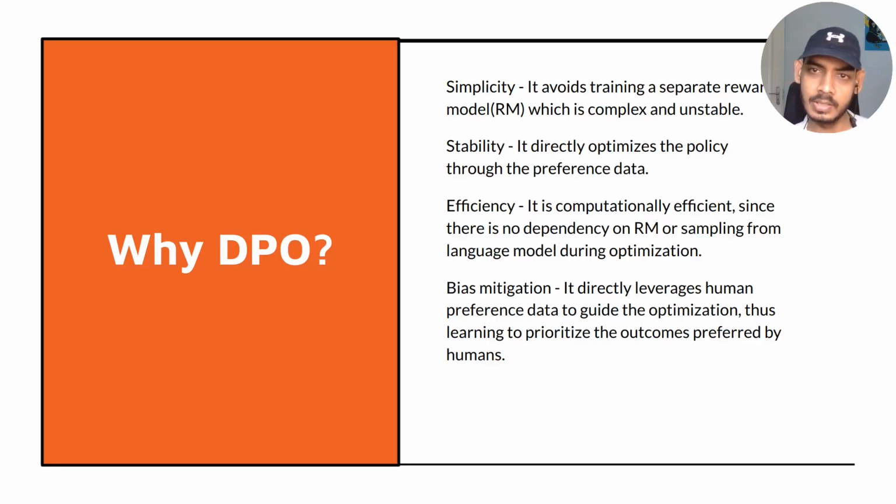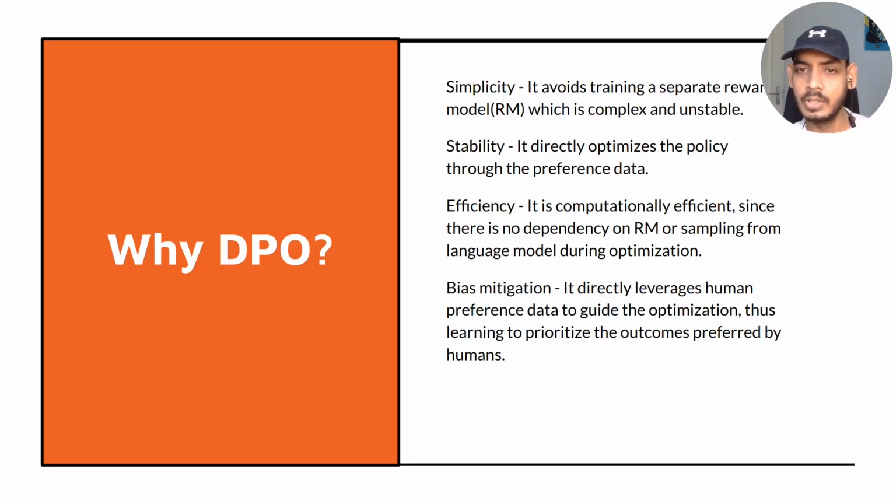There are certain things DPO does better compared to RLHF. For instance, it totally avoids a reward model, since it is complex and unstable, and it optimizes the policy through the preference data. Earlier, RLHF would create a separate reward model based on the input given by humans, and that model would give the input to the LLM. Now the LLM gets fine-tuned directly on the preference data.